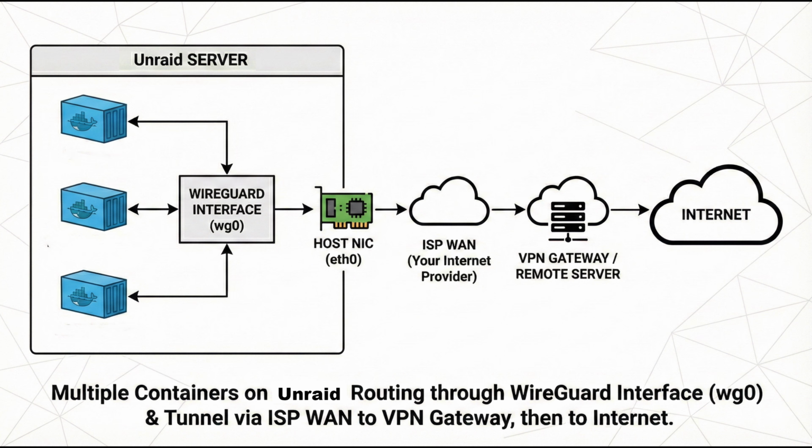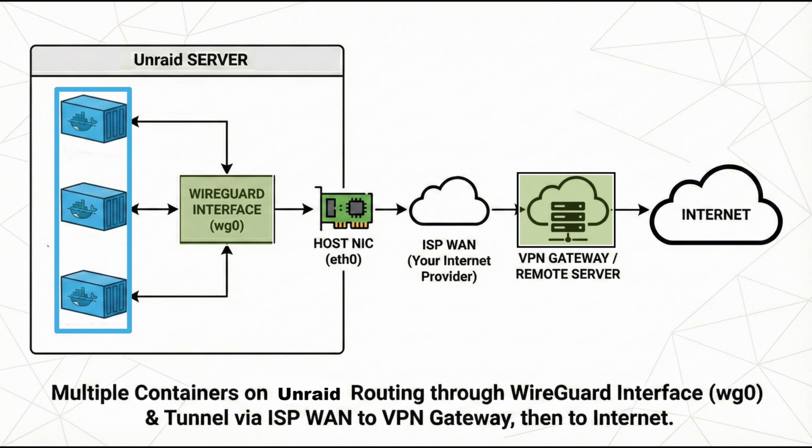So how this will work is Unraid will run a single WireGuard tunnel to a commercial VPN endpoint. And then you simply attach any container you want to that tunnel from a drop-down in the Docker template. The container will keep its normal LAN IP, so its web interface works as usual, and only its outbound traffic goes through the VPN. So there's no need to modify the containers themselves.